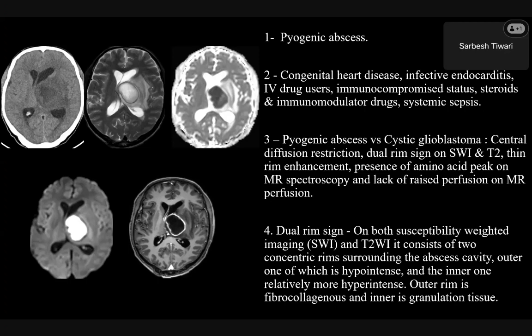See, the amino acids that you get, 0.9, excellent. For a pyogenic brain abscess, what you get is branched-chain amino acids, which usually resonate at 0.9 to 1.3 ppm. Then you get acetate at 1.9 ppm and you get succinate at 2.4 ppm.